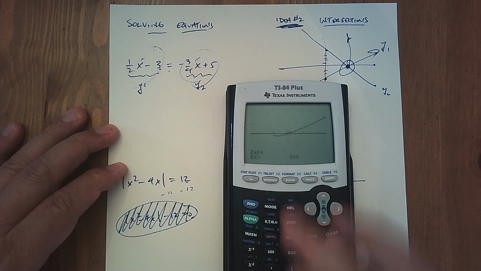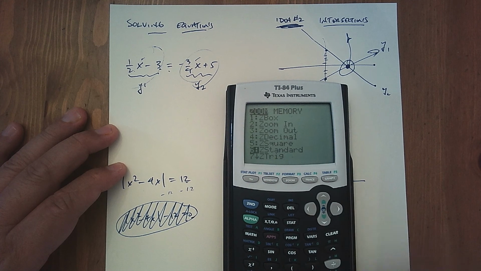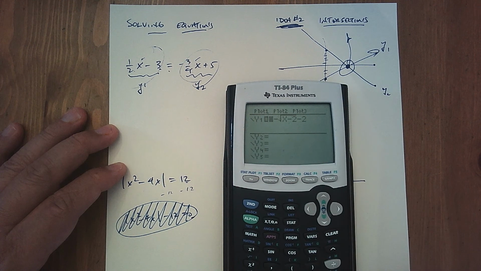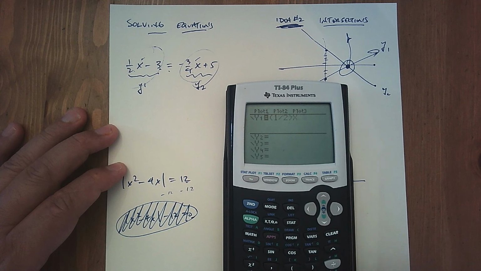So again, let's make sure my window is in standard viewing rectangle. Let's do that first since I did some previous work. Let me go to y equals and clear that guy out. And what I need to do first is put 1/2 x minus 3. Again, I'm a parentheses guy. So 1 divided by 2 times x, right, minus 3. There's the first line. Press enter.